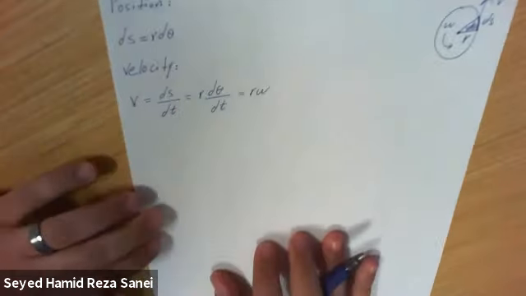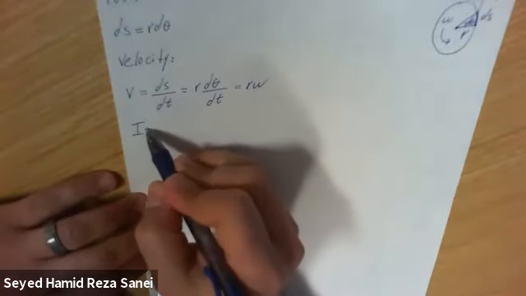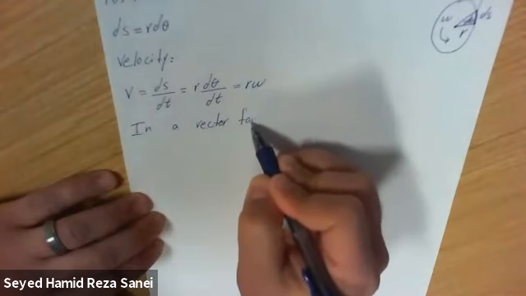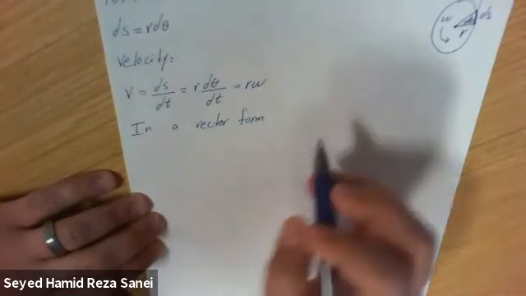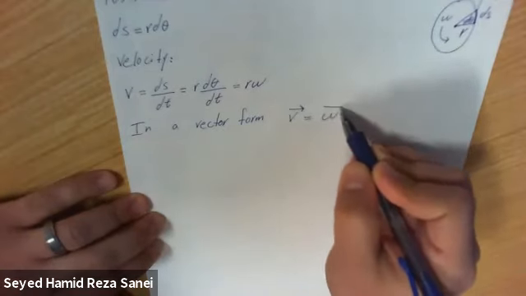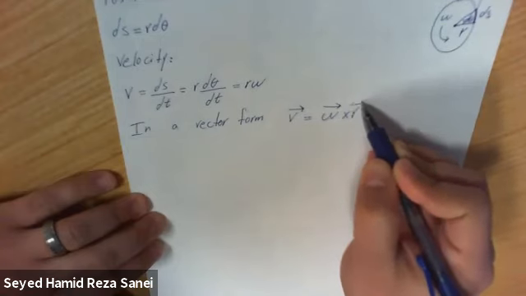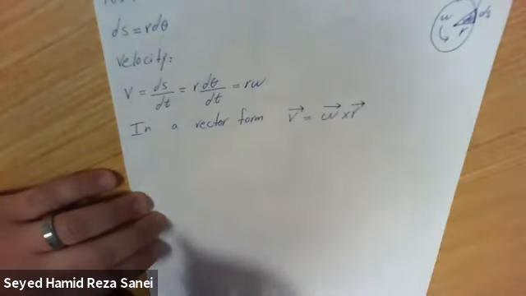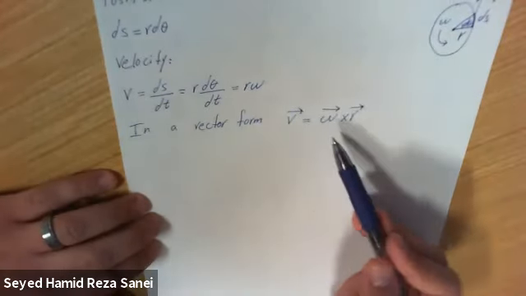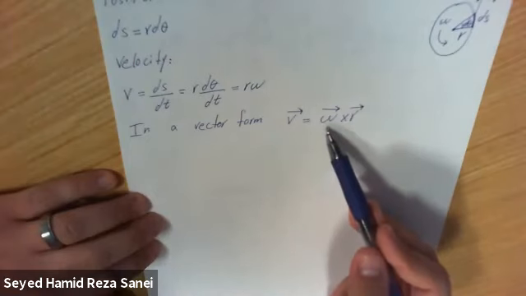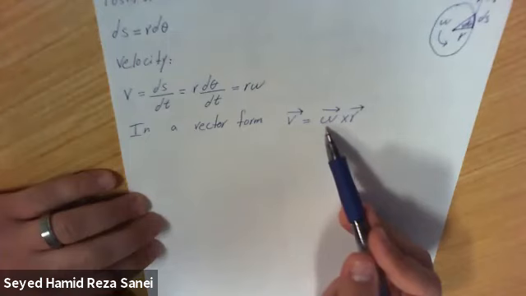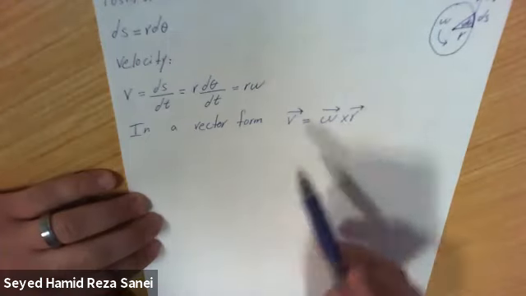In vector form, you have velocity equals omega cross r. So that's the cross product. Here it gives you the magnitude of velocity, but in vector form, it gives you the direction as well. The result of a cross product is a vector. The velocity is a vector, angular velocity is a vector, and the radius is a vector.